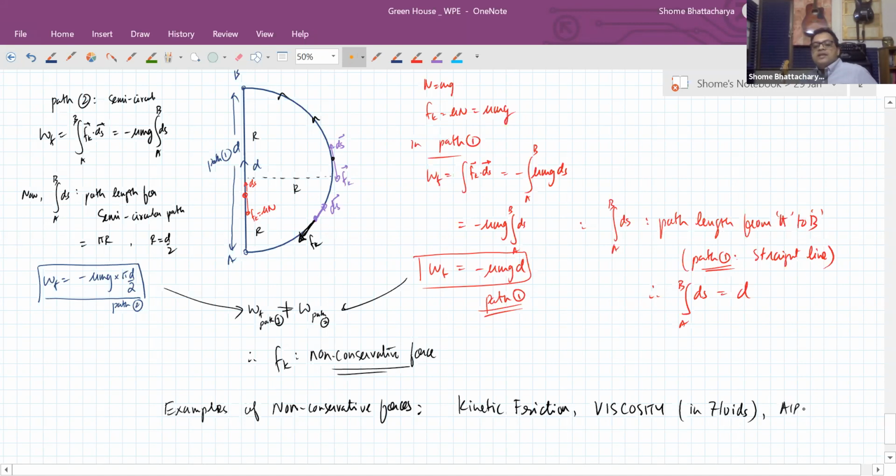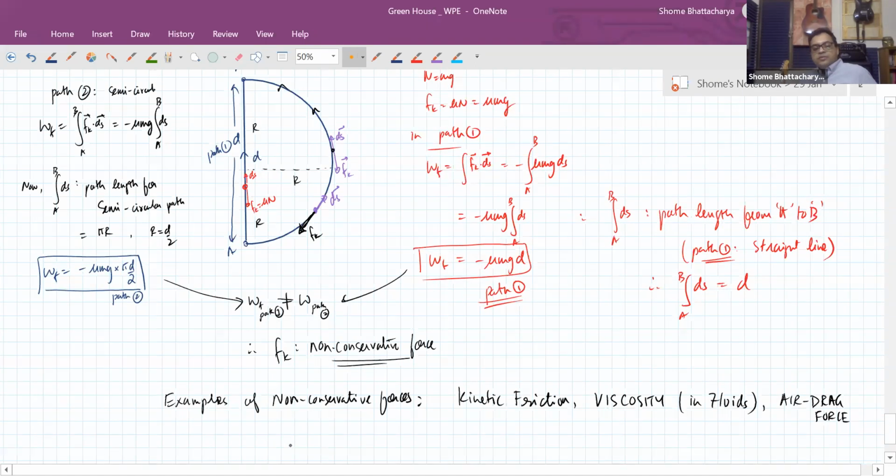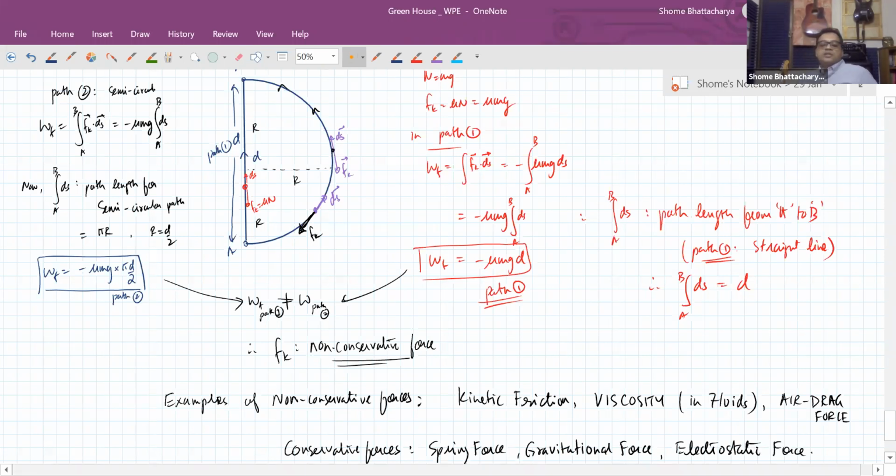Then things like air drag forces. Okay, these are all examples of non-conservative force, whereas examples of conservative forces will include spring force. We'll discuss about these in the next lecture. Gravitational force. In class 12th, you will learn about something called electrostatic force or Coulombic force between charged particles. These are all going to be examples of conservative forces.